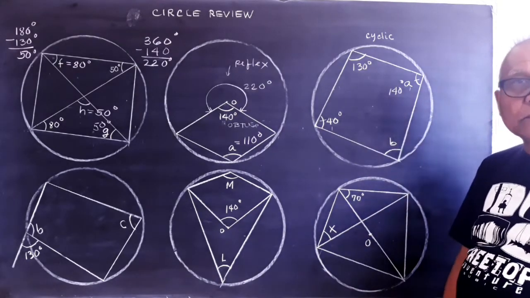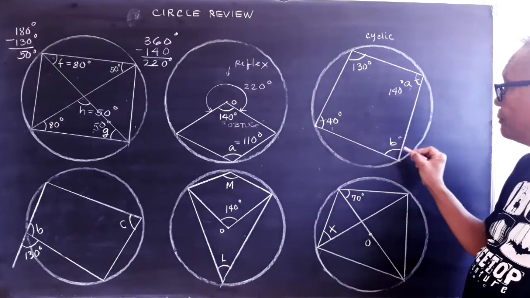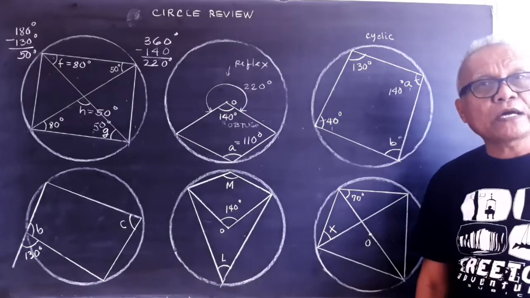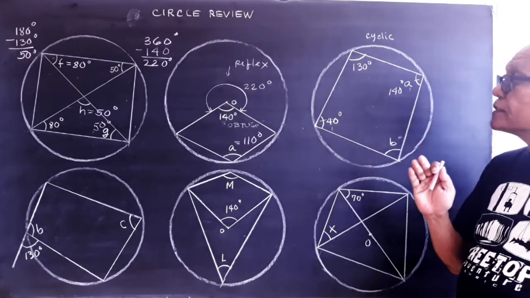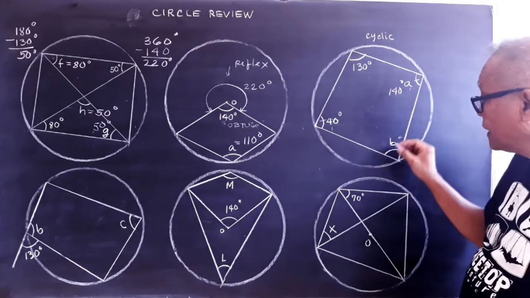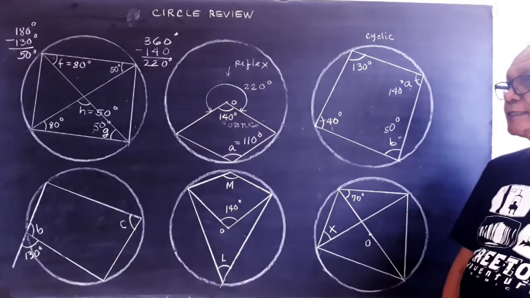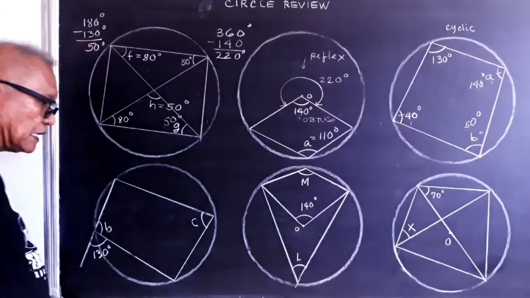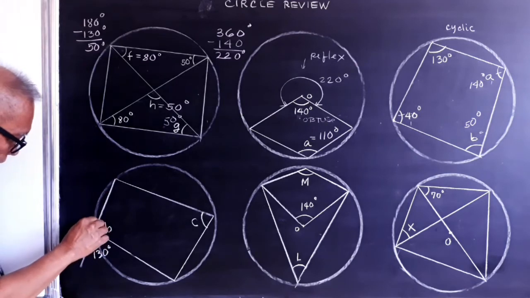If you add them, the sum will be 180 degrees. So what will be the measure of B if the other angle is 130? So that is 180 degrees minus 130. So your B is 50 degrees. Okay, so class, this is also a cyclic quadrilateral, but we have an extra line here.